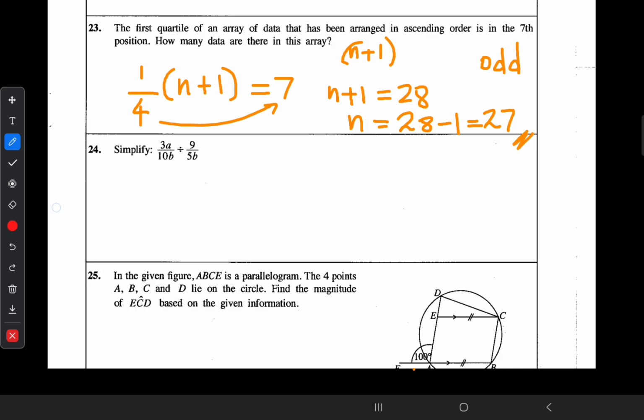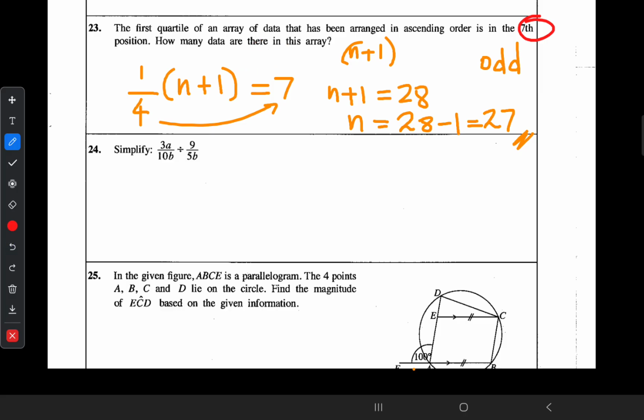I'll repeat again. If the quartile position is an odd number, whether first quartile, second quartile, median or third quartile, you have to consider the total number of data in that array as n plus 1. If the values are even, you can directly consider the total number of data as n.